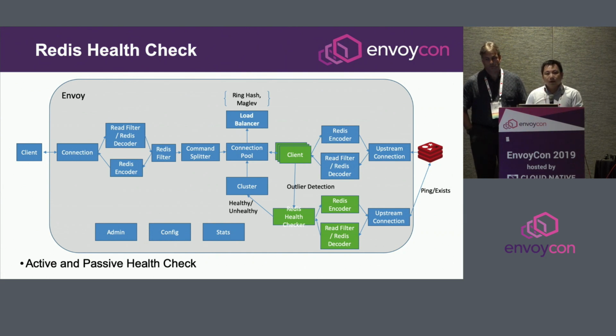But what about active health check? How do we actually know a Redis node is healthy before it gets removed from the discovery? Well, we have to implement a Redis health checker. Again, we leverage the same Redis encoder and decoder to send either a ping or exists request to every single Redis node.